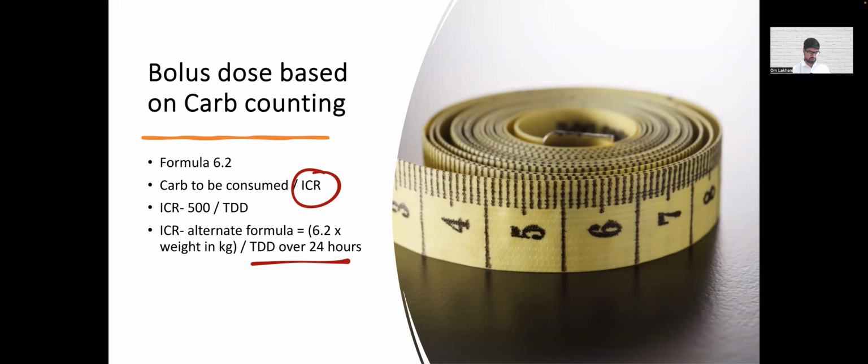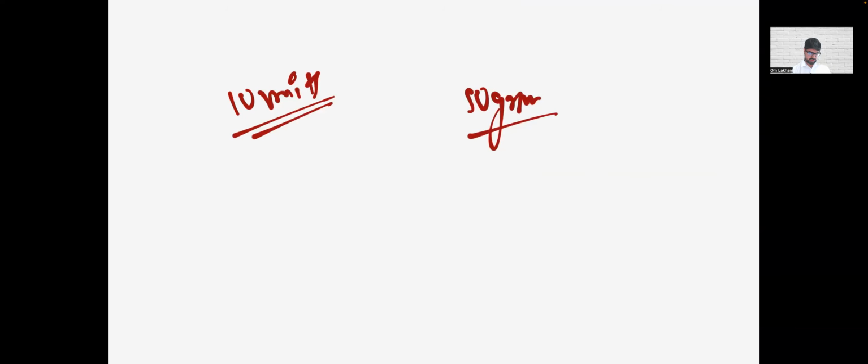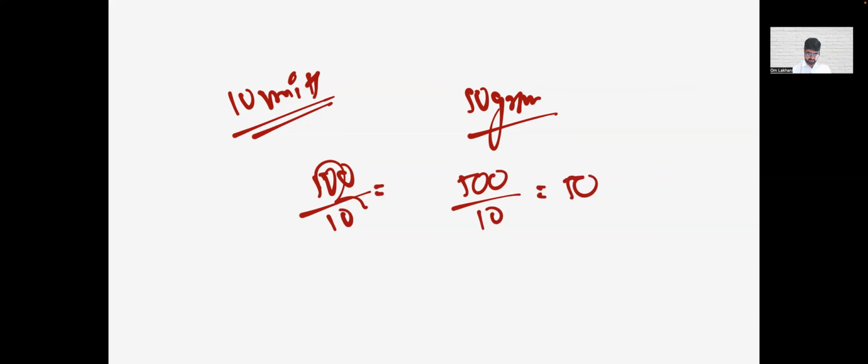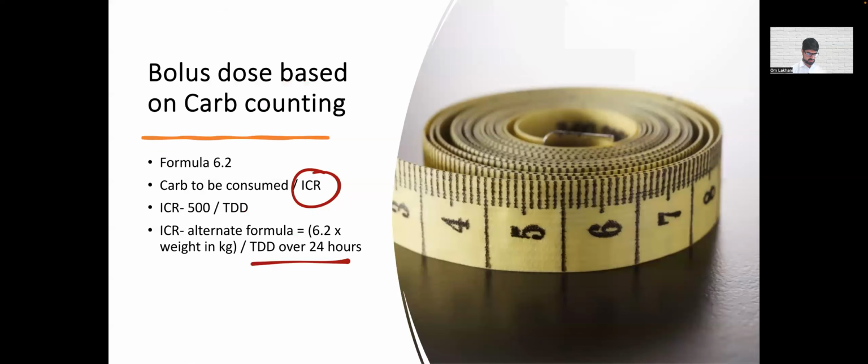Our total dose of insulin was 10 units. The patient is about to consume, let's say, 50 grams of carbohydrates. First we'll calculate the insulin to carb ratio using the rule of 500: 500 divided by 10 will be 50. So this is the insulin to carb ratio, 500 divided by the total dose of insulin. You can alternately calculate using the other formula.